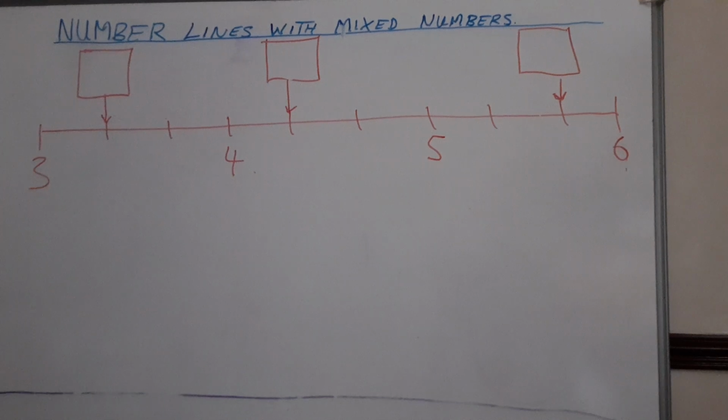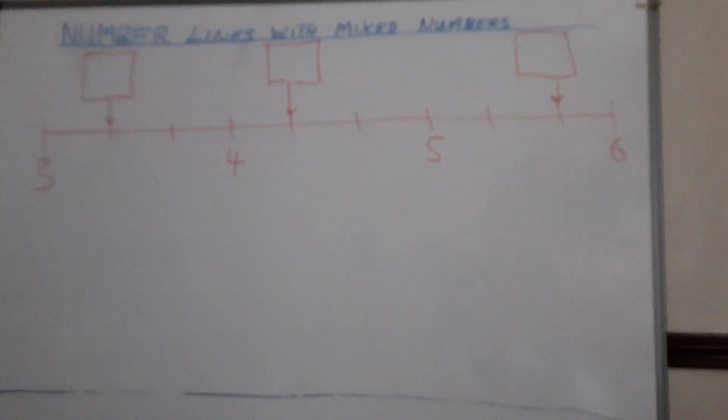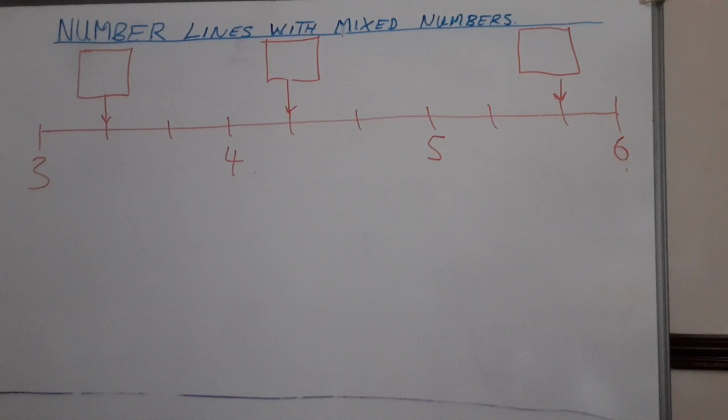Yeah, let's work out this example as well. This number line says, what numbers are the arrows pointing to? Before we can work this out, it's quite easy. You just have to follow the steps.